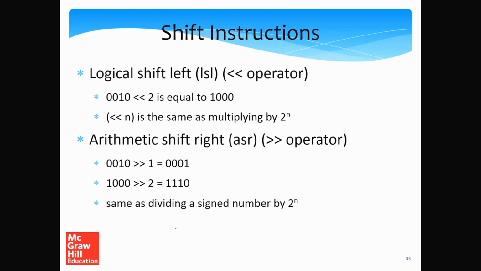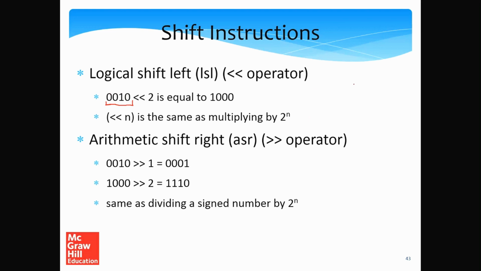So let's move ahead and introduce some more instructions that are required. Let's discuss the shift operations. First let's discuss the left shift operation. Consider the number 0010. If we left shift it by 2, it means that every bit moves 2 positions to the left.